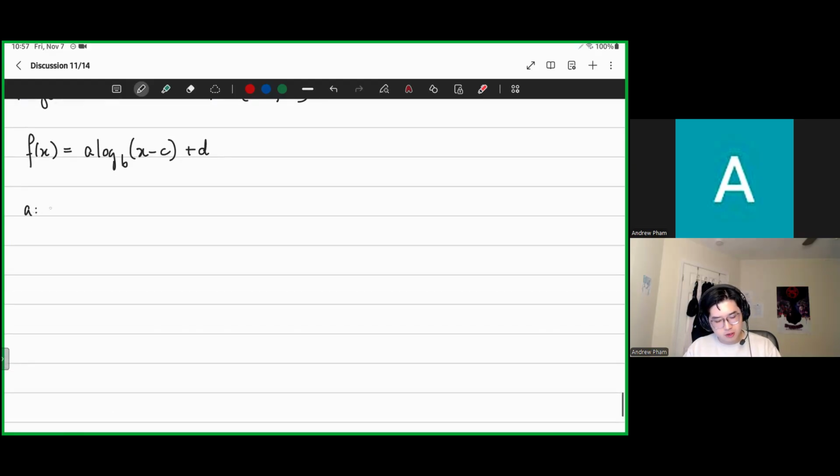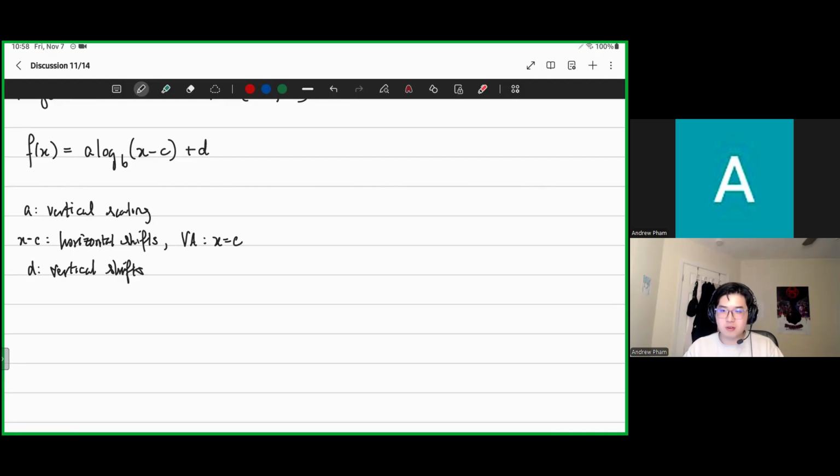Where again, a is your vertical scaling, still the same thing. x minus c is your horizontal shifts, so like left and right. This doubles down now as the location of your VA. So your VA will be at x is equal to c. And then d is, of course, your vertical displacement. So vertical shift.